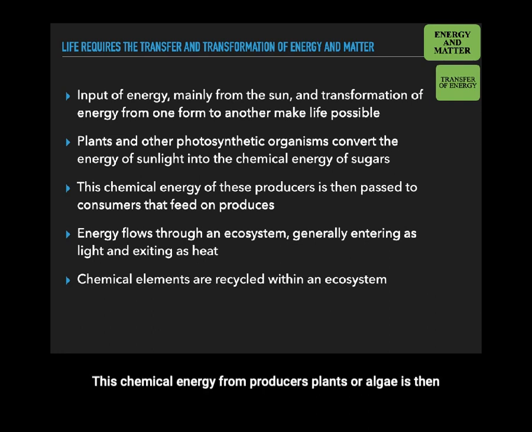This chemical energy from producers, plants or algae, is then passed on to the consumers that feed on the producers. Energy flows through ecosystems. It generally enters as light and exits as heat. Chemical elements are recycled within an ecosystem.